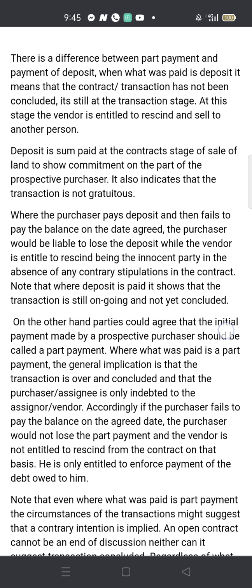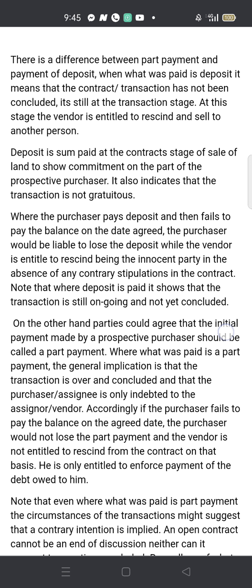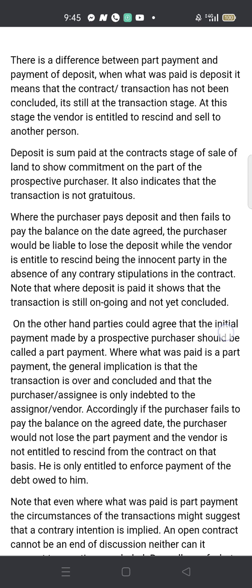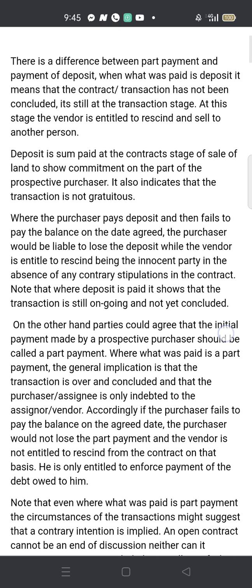So the vendor can resign the contract, can still terminate the contract, and if at the agreed date the purchaser fails to pay the balance after making deposits, the purchaser may lose the deposit he has made already. So those are the two implications we want you to understand.